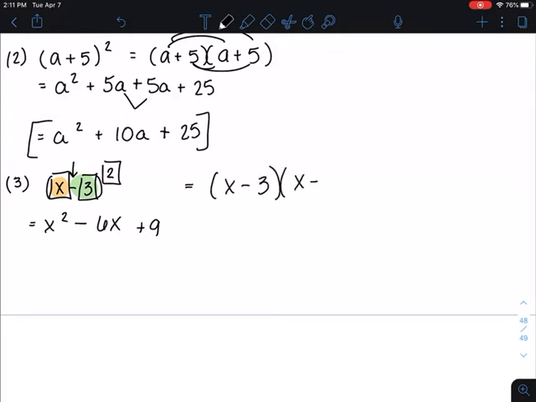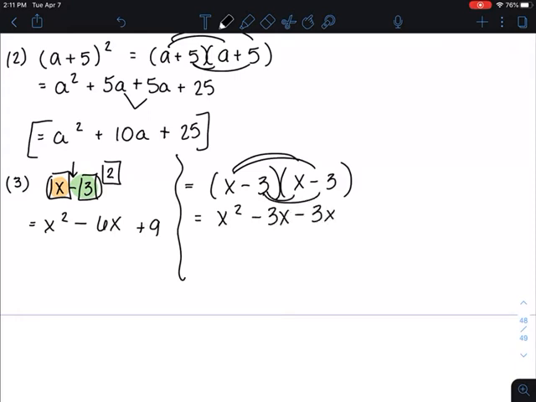Let's do this with FOIL just to see if you understand where you would have gotten that from as well. So we would have had x minus 3 times x minus 3. X times x is x squared. That'd be negative 3x, negative 3x, plus 9.